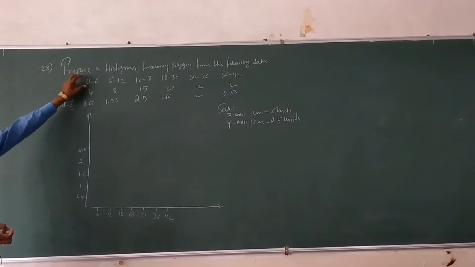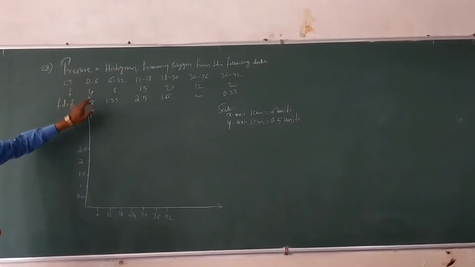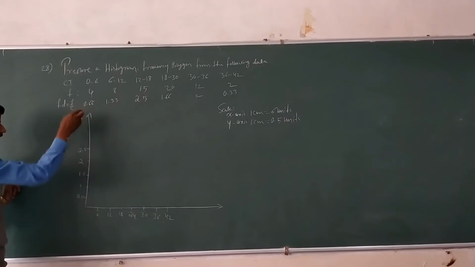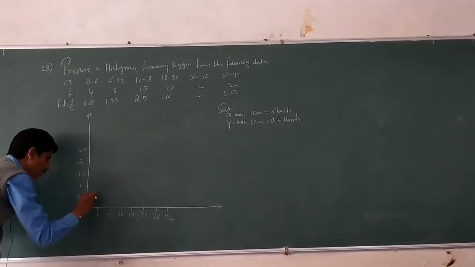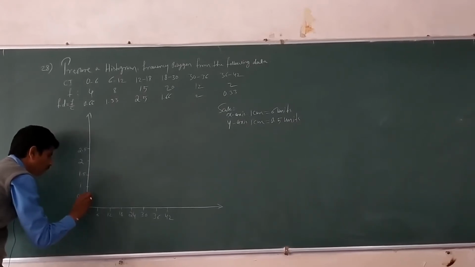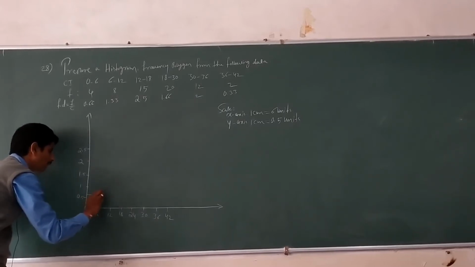Here, 0 to 6: the rectangle is drawn with height equal to 0.66. That is, the frequency density is 0.66.